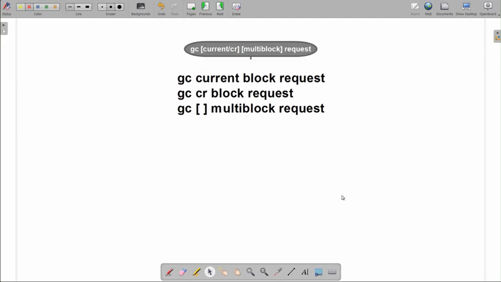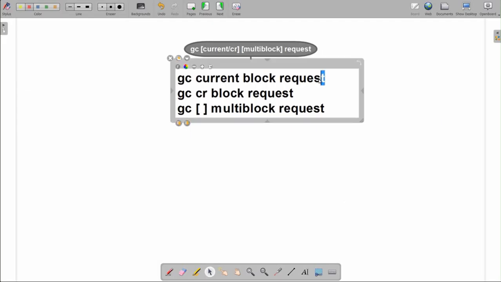So we have multiple requests related to waiting. That's a placeholder, so we don't know how long we have to wait. I'm requesting a current block, but I don't know how long it will take to get it. And I'm requesting a consistent read block, but I don't know whether I'm going to get this block from a remote instance or from the disk.